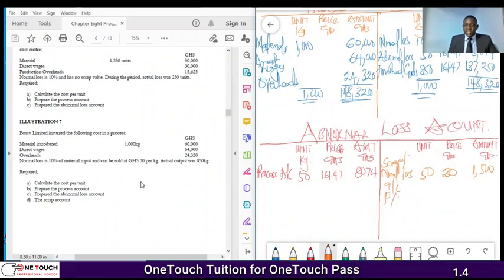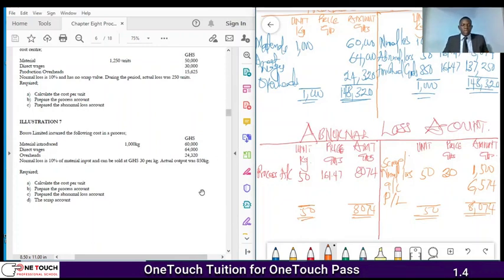So the difference goes to the P&L. The loss in the process, 8,074 minus 1,500, gives us 6,574.